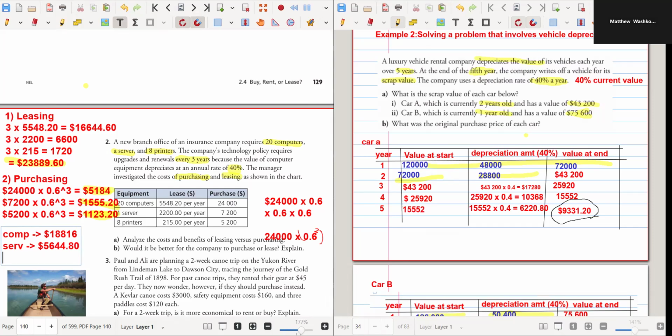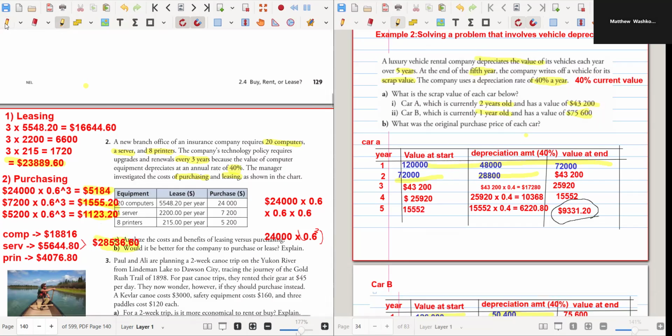And for the printers, same thing: 5,200 minus that 1,123 gives me 4,076.80. So now if I add these up, I get the true cost, which is $28,537.60.